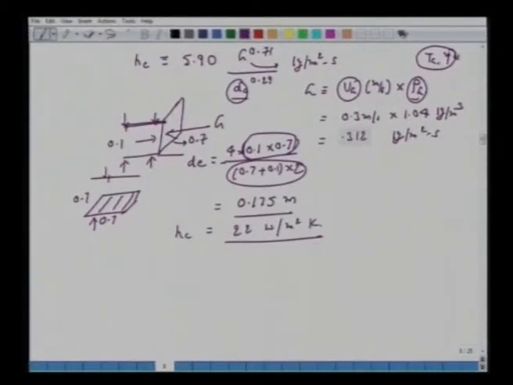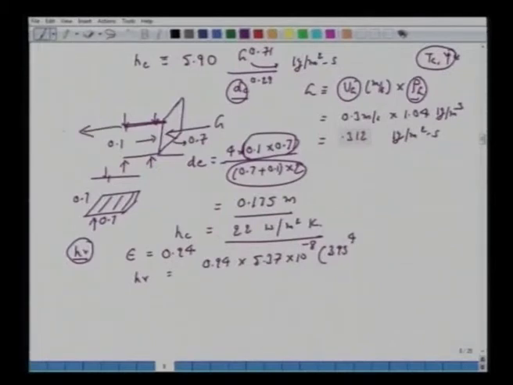So we have calculated Hc. Now we have to calculate Hr. Again we make use of that expression which we wrote in terms of temperature. Let's say emissivity is given as 0.94. So Hr equals 0.94 multiplied by the Stefan-Boltzmann constant, which in SI units is 5.67 times 10 to the power minus 8, times TR to the power 4. So we have 393 to the power 4.